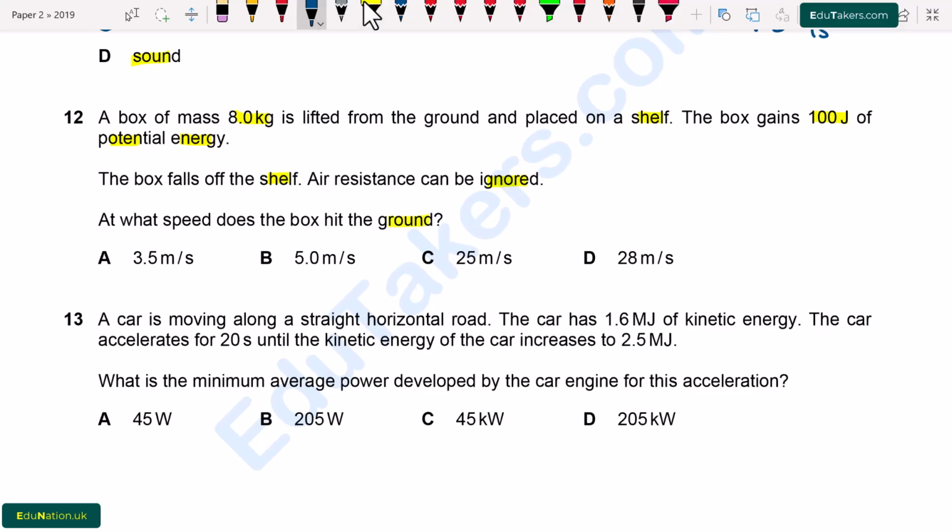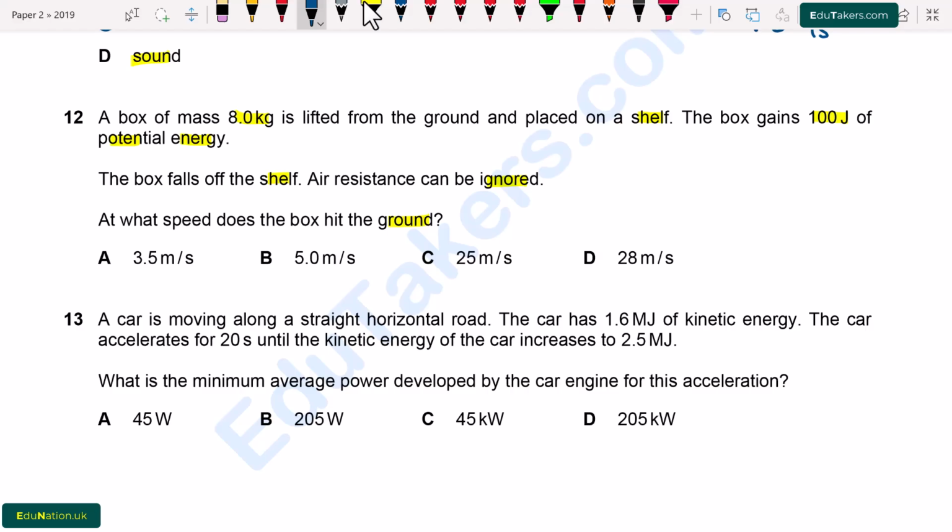Here we use the concept that loss of potential energy is equal to gain in kinetic energy. Because the box falls off the shelf, it means that it loses its height, due to which there will be the loss of potential energy, and this potential energy basically changes into kinetic energy.